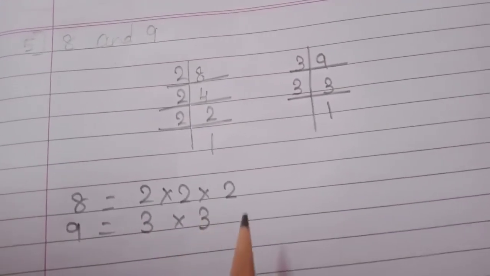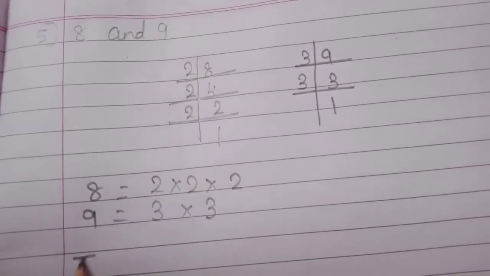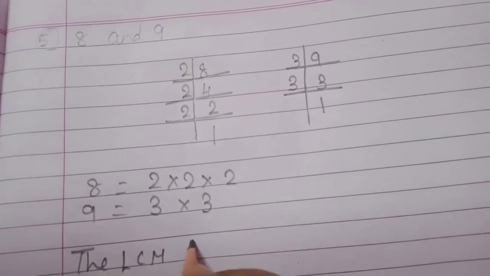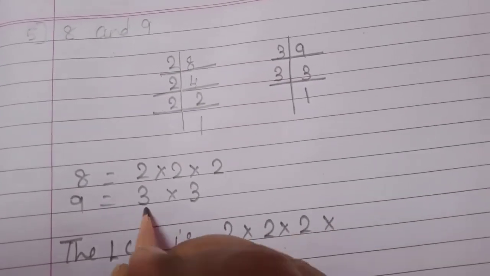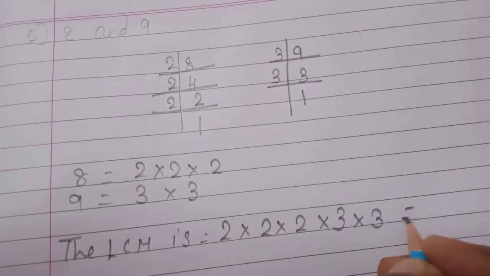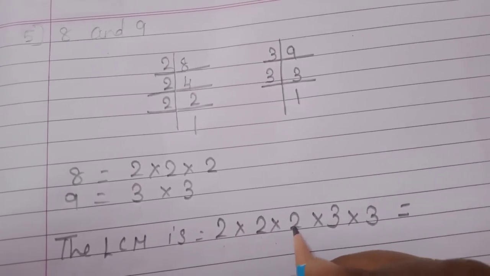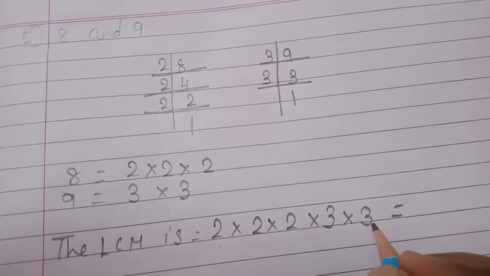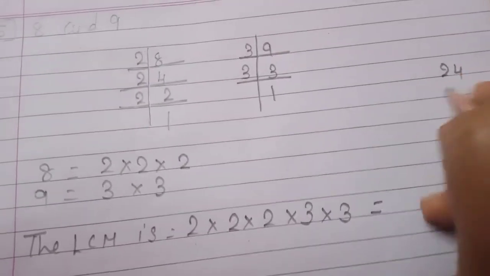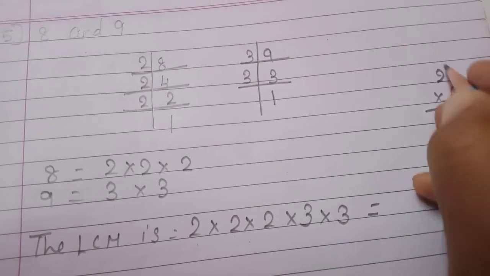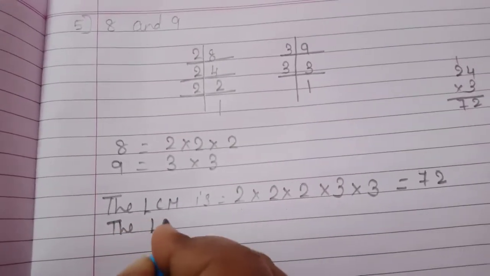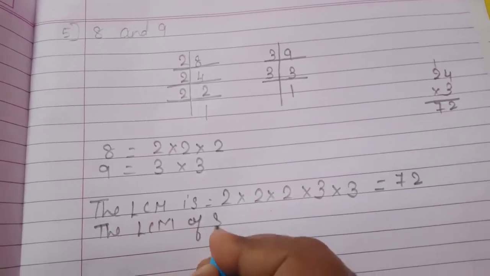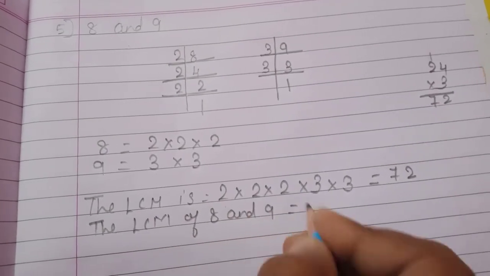Here there is no common factor. So the LCM is 2 multiplied by 2 multiplied by 2 multiplied by 3 multiplied by 3 equals, 2 2s are 4, 4 2s are 8, 8 3s are 24, 24 3s we will multiply and see: 3 4s are 12, 1 3 2s are 6, 6 plus 1 is 7, 72. The LCM of 8 and 9 equals 72.